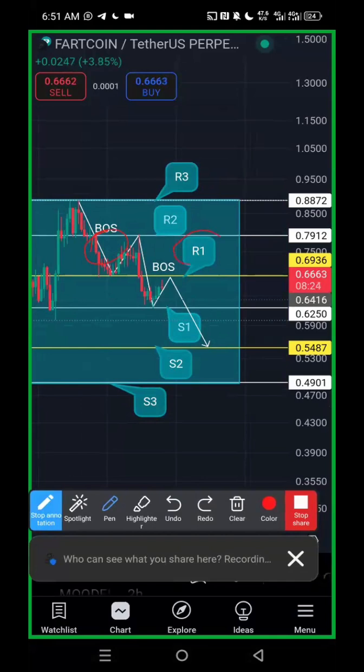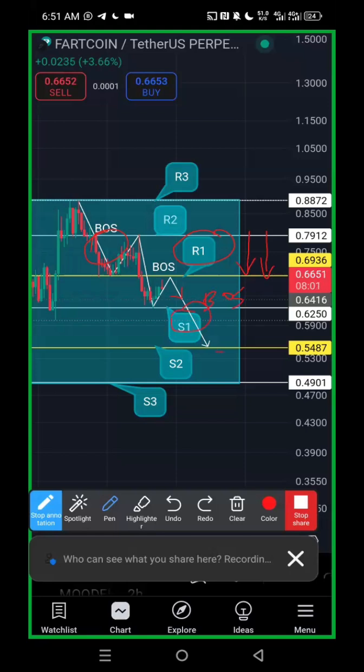So the next movement we're going to see, if this R1 successfully rejects the price, is the movement towards S1. If S1 fails to support the price, then we're going to see another break of structure.